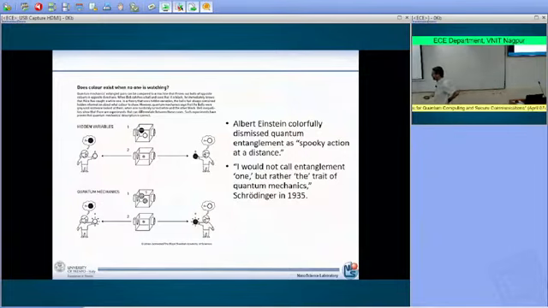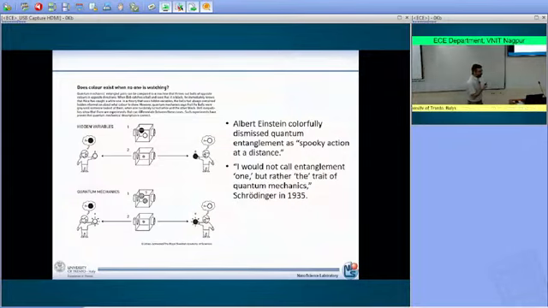Let us try to understand the idea of quantum entanglement. Let us perform this kind of experiment. We have a source of photons, and inside this source we have two photons. What Albert Einstein was thinking was that the two photons within the source had already very well characterized their properties.